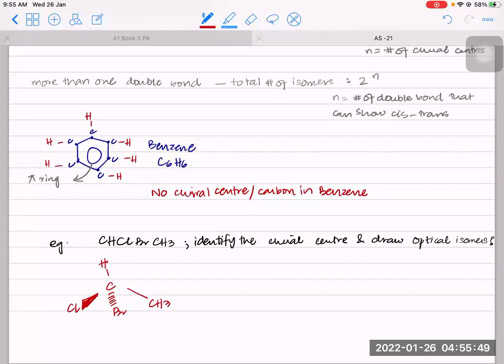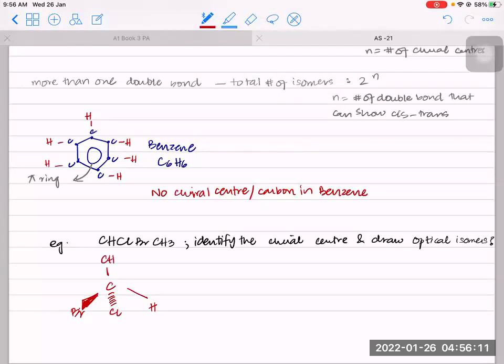Now you'll be like, Miss, is it important that we put it in this order? Can I not do this? Can we not put the CH3 here and the H here and the Cl here and the Br here? Is there an order that we have to specifically follow?